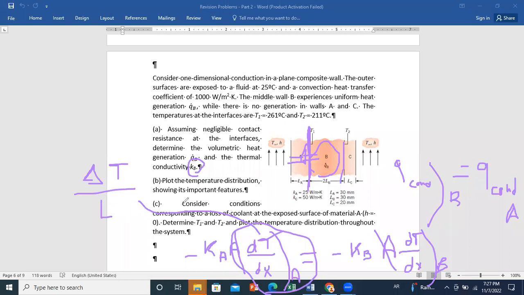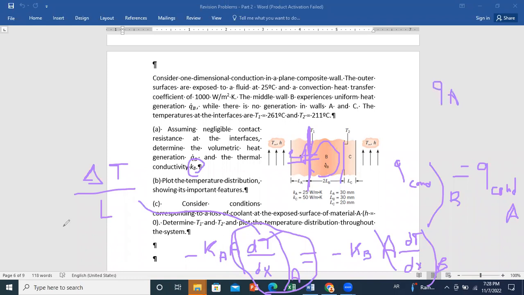Because the temperature T1 is larger than the temperature at this level, it's T1 minus this temperature over L. But no need to do this calculation because we already know the heat rate Q through A, okay?